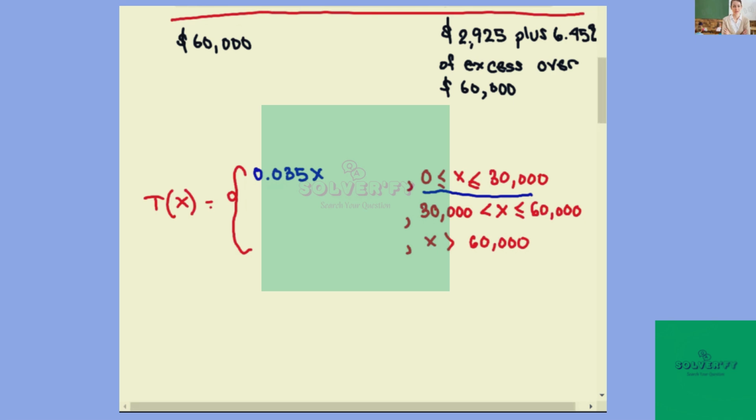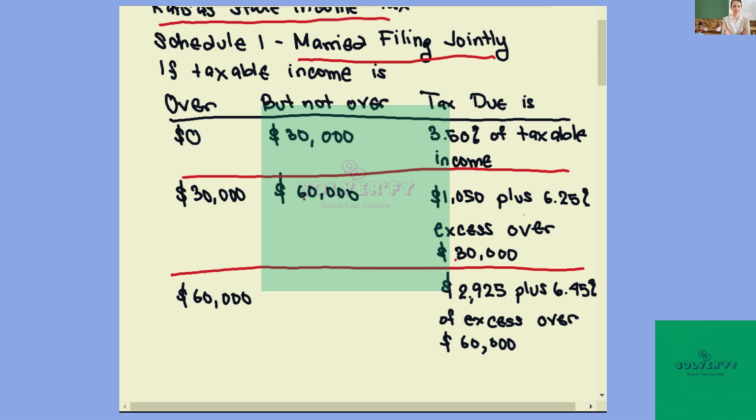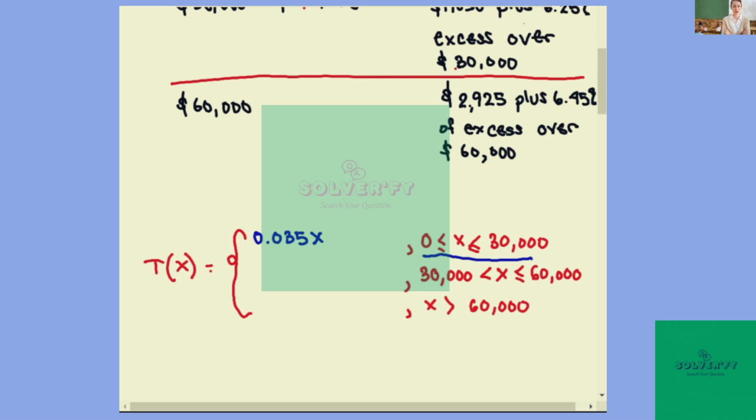How is that different? According to category 2, if the taxable income is above 30,000 but less than or equal to 60,000, then the tax should be 1,050 plus 6.25% of the excess over 30,000. So in category 2, the married couple is supposed to pay $1,050 already.